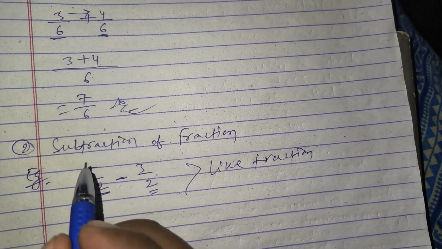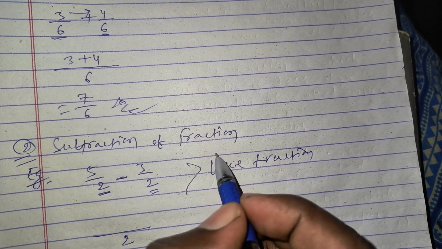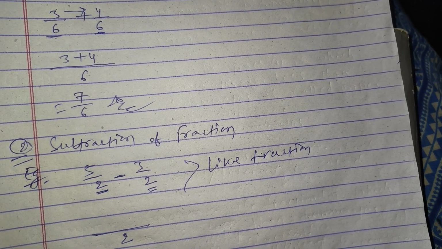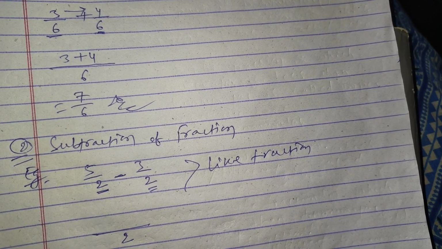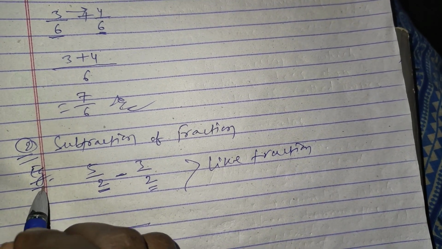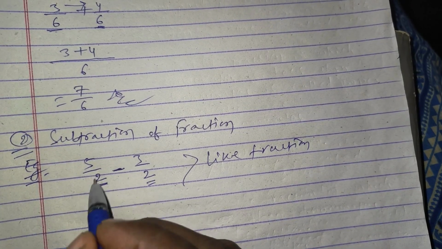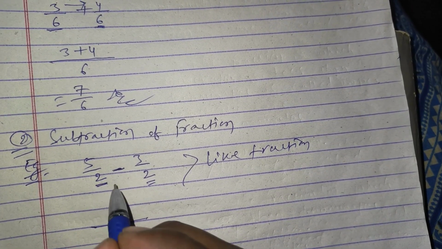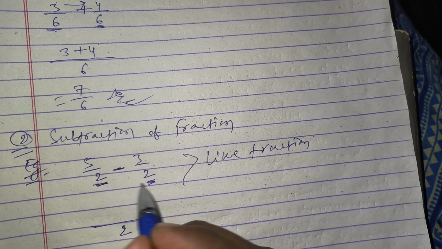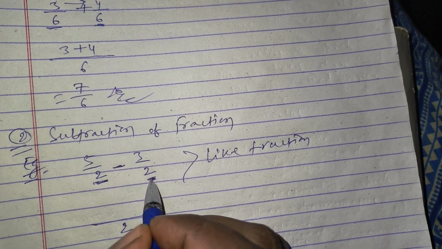Understand? Let's talk about the second topic, subtraction of fractions. In this way we can also subtract one fraction from another, the same as addition. Let's take an example, like 5 by 2 minus 3 by 2. These are two like fractions because the denominators of both fractions are the same.